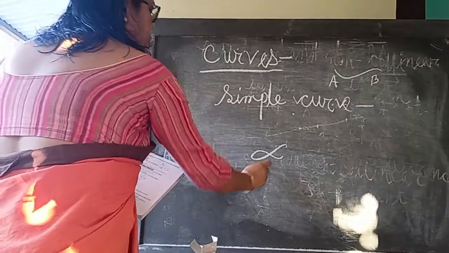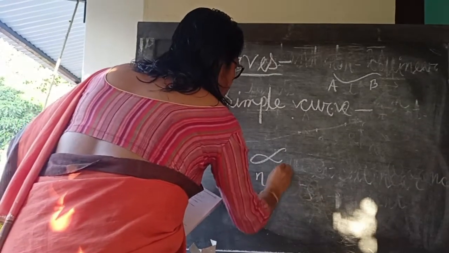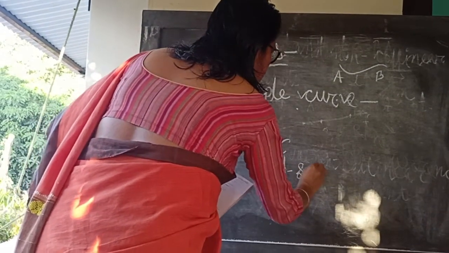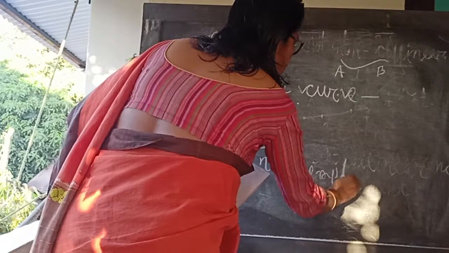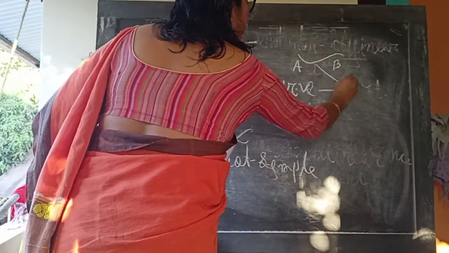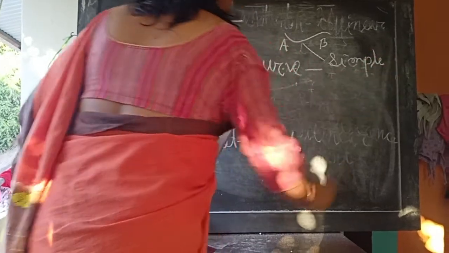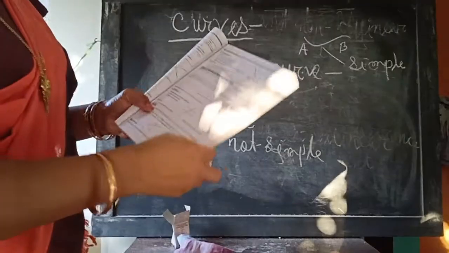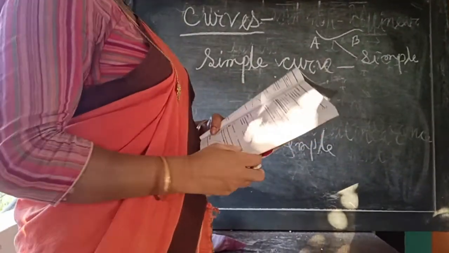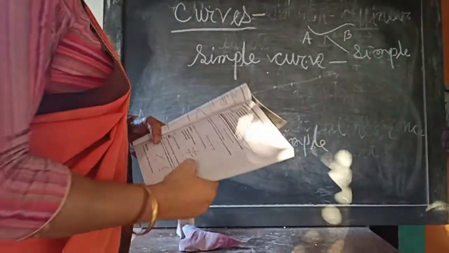So it is not simple. But this is simple. Is it easy or hard? Students? Do you understand clearly?